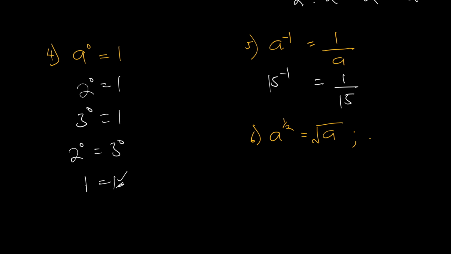So if we have a^(1/c), this is equal to the c-th root of a. For a^(1/3), our c is 3, so we have the cube root of a. So that is it for rule number 6.